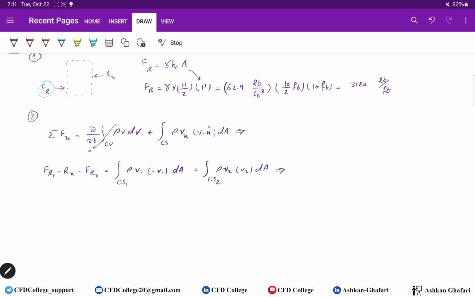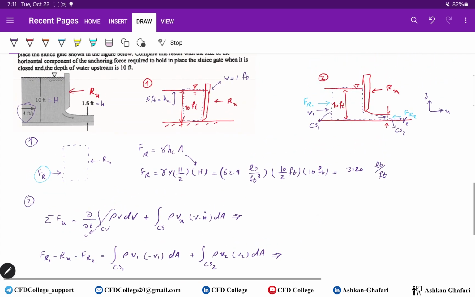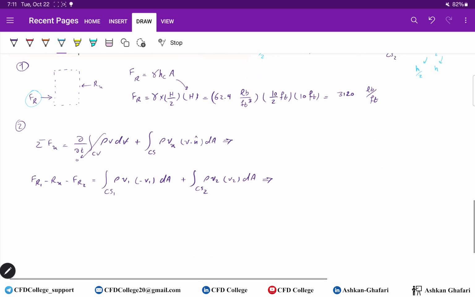Okay, now you know how to calculate FR1. It's equal to gamma HC1 A1. HC1 equals H over 2. A1 equals H. FR2 equals gamma HC2 A2. HC is H over 2. A2 is H. Okay.